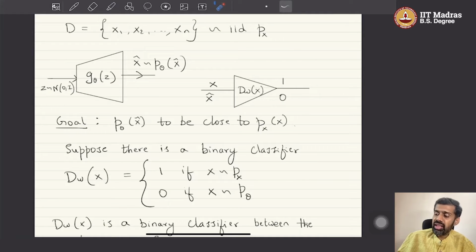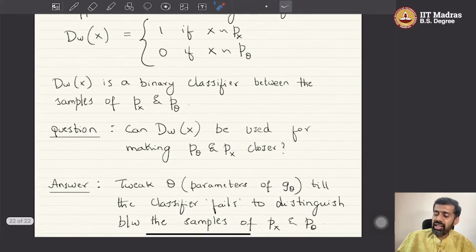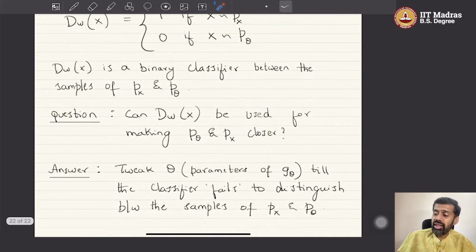When does the classifier fail to distinguish between samples of p_x and p_theta? One of the cases when the classifier would fail is when p_theta approaches p_x, because if p_theta becomes the same as p_x, then the samples from p_x and samples of p_theta become indistinguishable, and therefore the classifier fails.